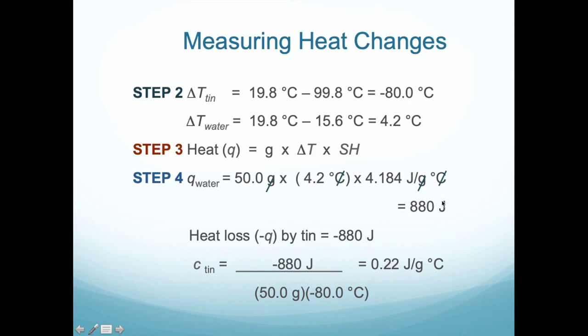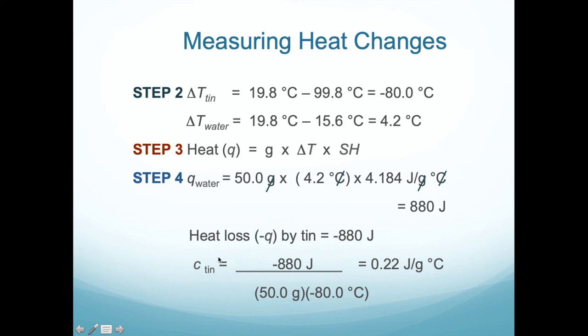This number is probably rounded off to 2 sig figs because the temperature was 2 sig figs, so I'm guessing that's why they did that. But anyway, my point is this is the amount of heat that went into the water. So the negative equivalent of this is the amount of heat that left the tin.